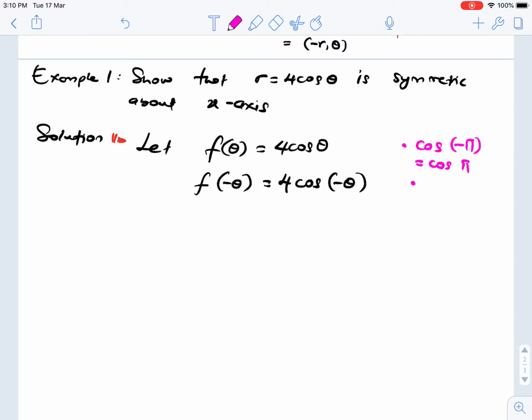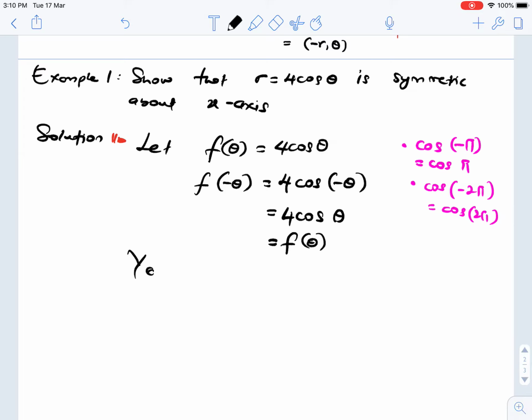And then if you calculate cos, let's say negative 2 pi, you will get the same value as cos 2 pi. Am I right? Okay, so now, since cos theta is equivalent to cos negative theta, we can write this as 4 cos theta. Okay, so if you notice here, this is the same as f theta. So yes, equals to f theta.